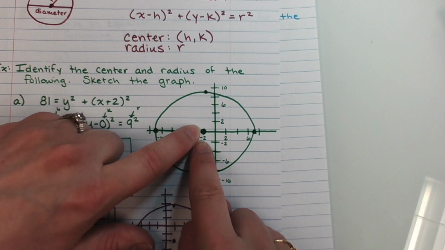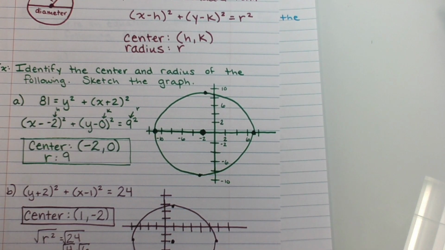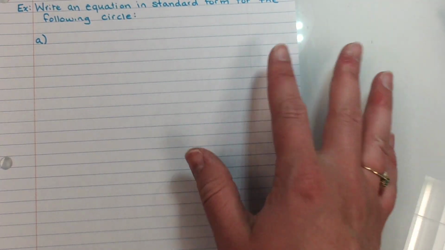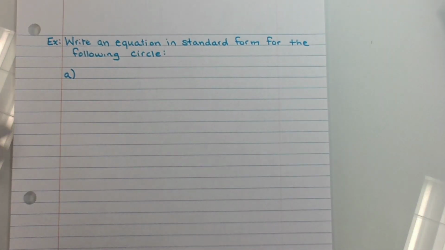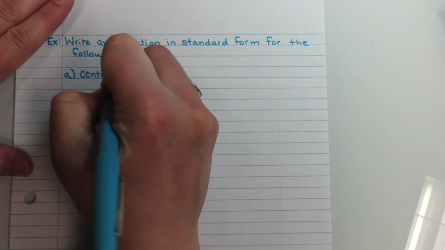Radius. Well, this is at -2, this is at 7. Different distance between those. When you're talking about horizontal and vertical distance, just start counting. You don't have to do anything fancy. I'm not going to do an example of that. I know you're capable. We're just going to talk about the 3 main examples you're going to see.